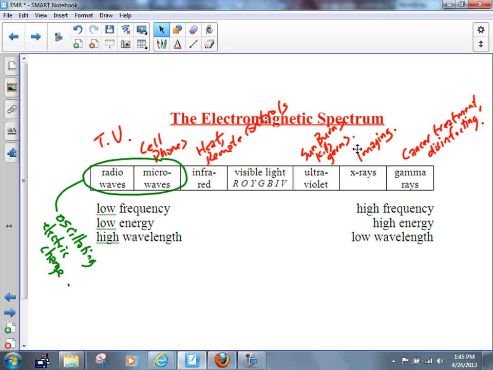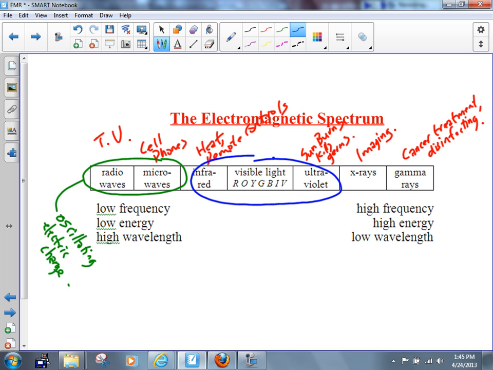Infrared, visible light, and ultraviolet are all produced in the same basic way. They're all produced by transitions of electrons in atoms. To get different types of EMR, different frequencies, we use different transitions, and we also use different atoms.